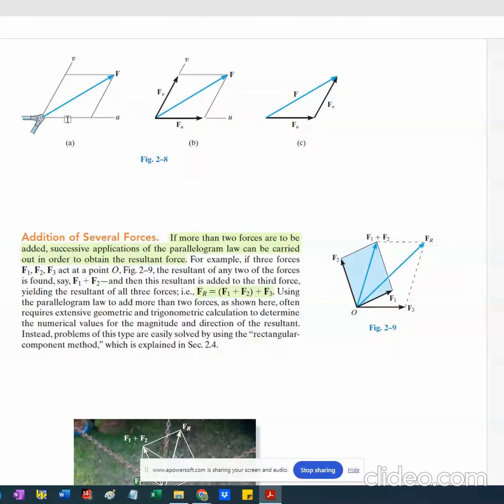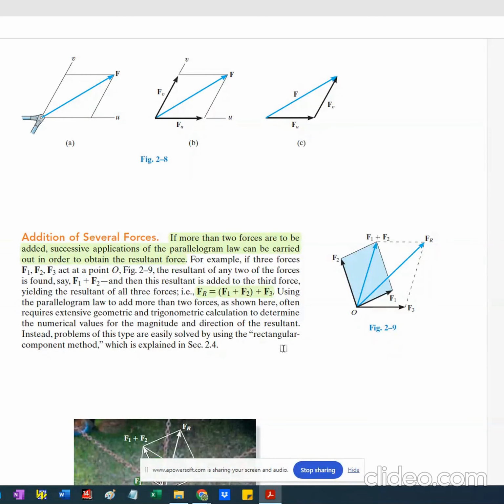So yes, it requires knowledge of geometry, like the angle between U and V and between U and F, or a relevant direction, like a horizontal here, U appears to be horizontal, will help to extract the magnitudes and their directions. So if U is horizontal, you know the angle of V. Using law of sines or law of cosines or both, you can find the components. So resolving F into components over two directions other than orthogonal.